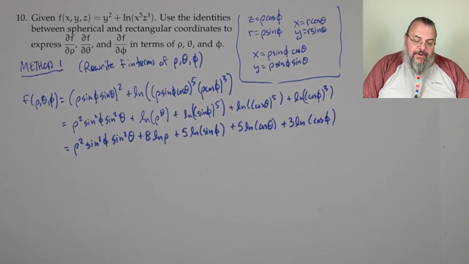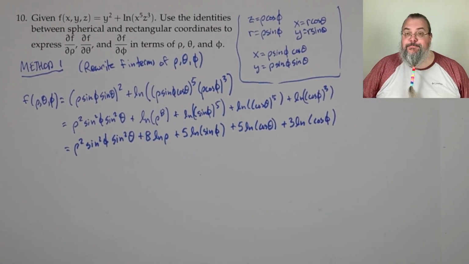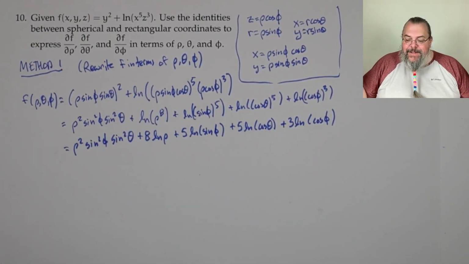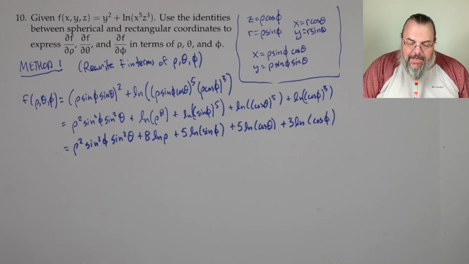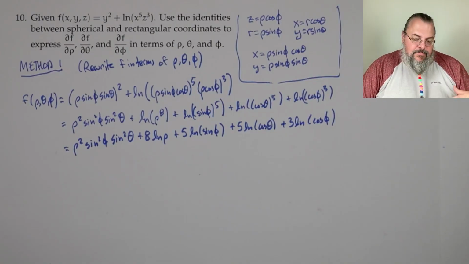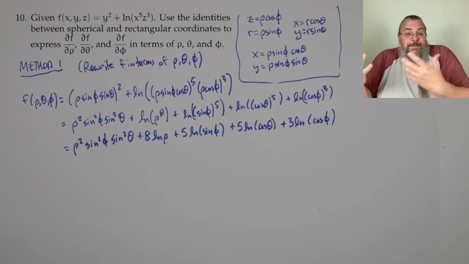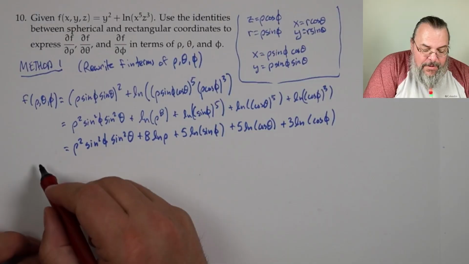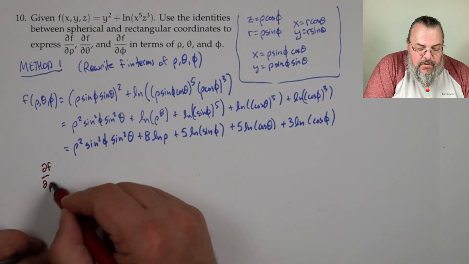This is our function in terms of rho, phi, theta. So now that we've rewritten things in terms of rho, phi, theta, we just have to take the partial derivatives. And it's okay. We don't have to rethink things from the ground up. We just say, all right, now just take derivatives, and we're just using different symbols. Different symbols doesn't mean we have to do different things. So what do we get? Well, we get partial f partial rho.